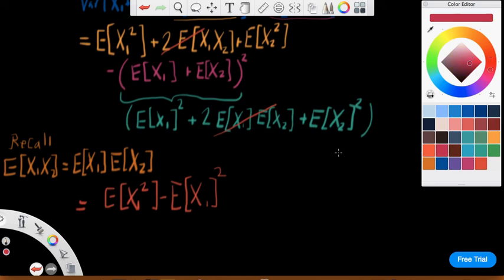Change colors here for the second 2 terms. So then we have the expected value of the square of x2, plus, and then subtract the square of the expected value of x2.